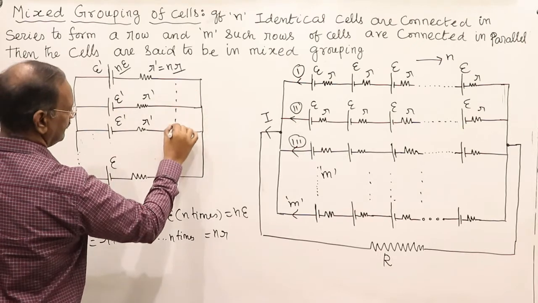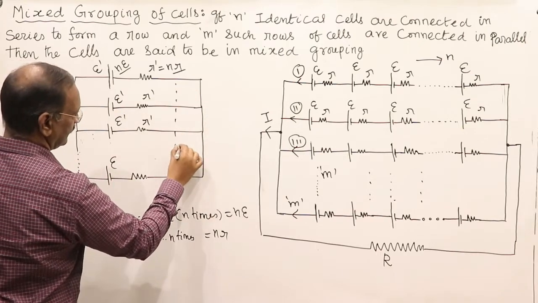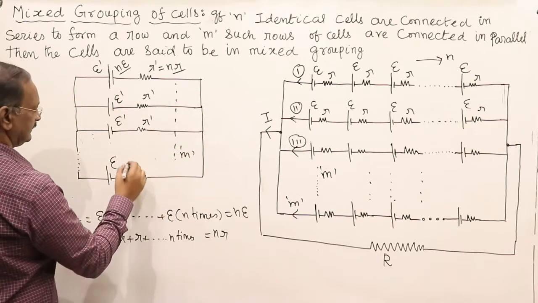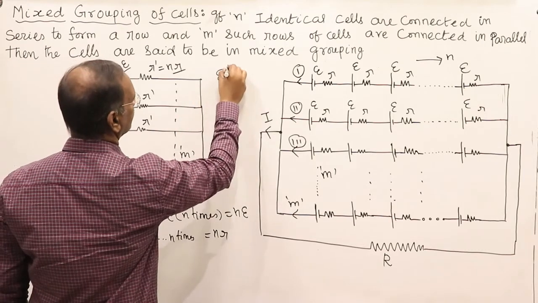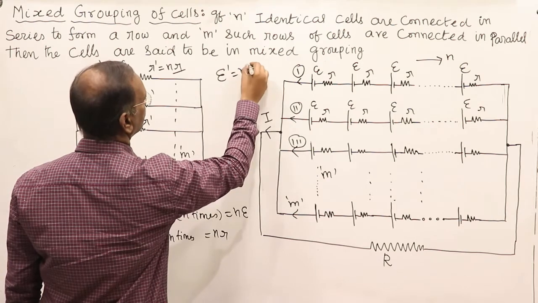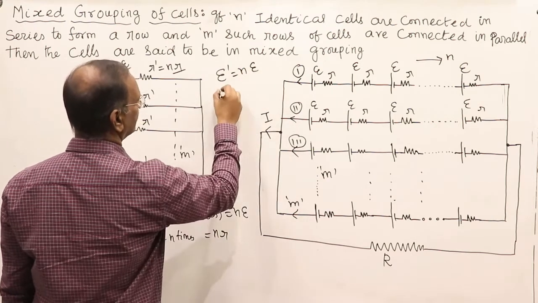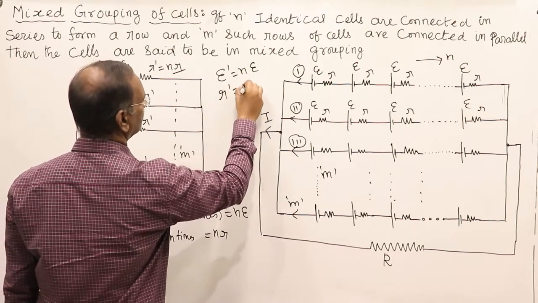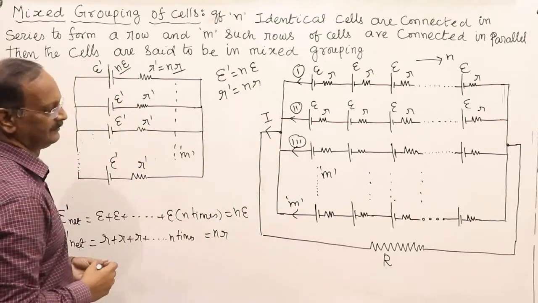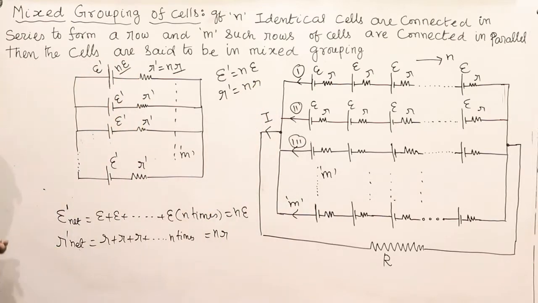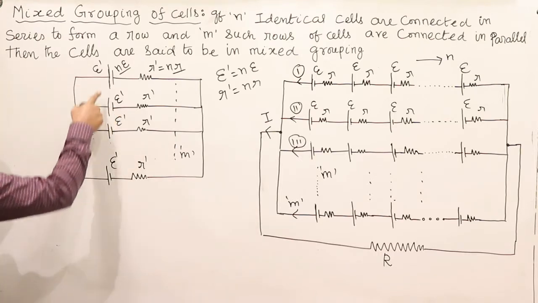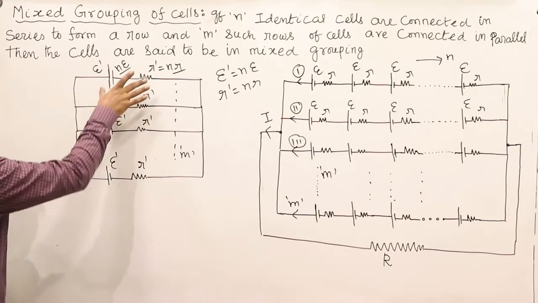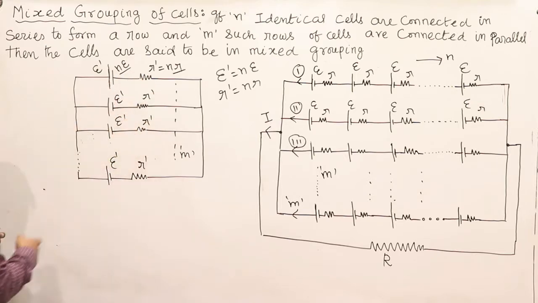There will be m rows, each with E dash and r dash, where E dash is equal to n times the EMF of a single cell and r dash is equal to n into r. Now these are in parallel, and all are identical.